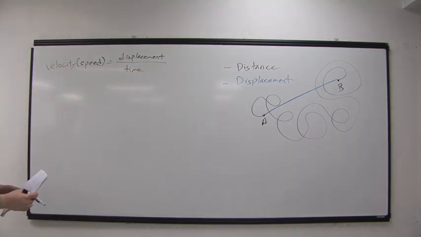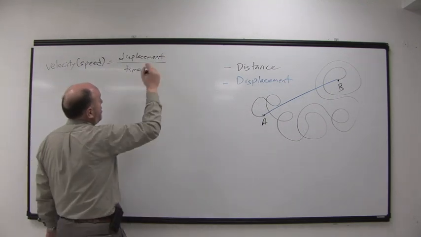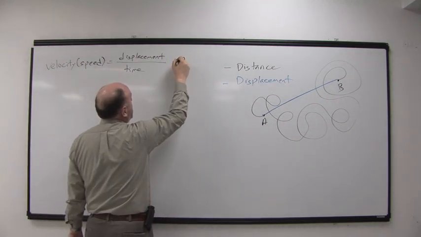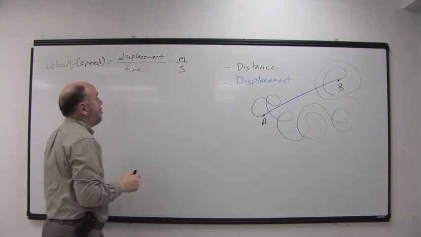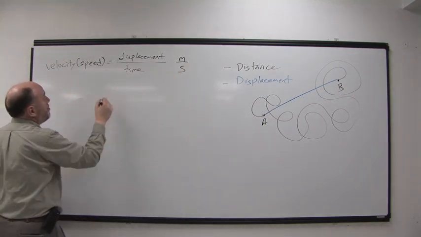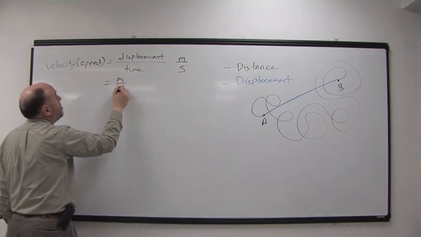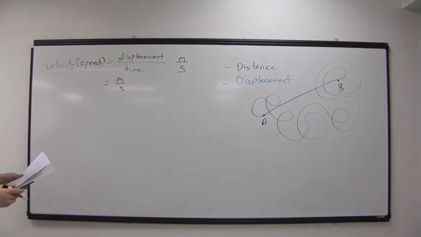Okay? And in physics, we will measure our displacement, our distance number, in meters, and our time will be in seconds. So velocity will be measured in meters per second.